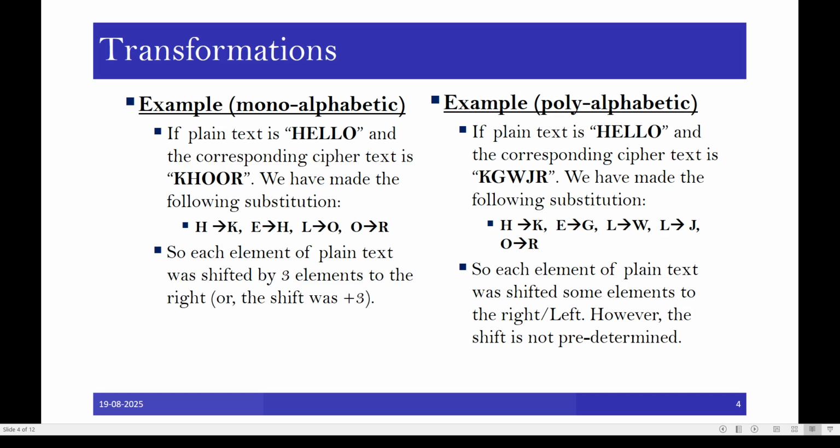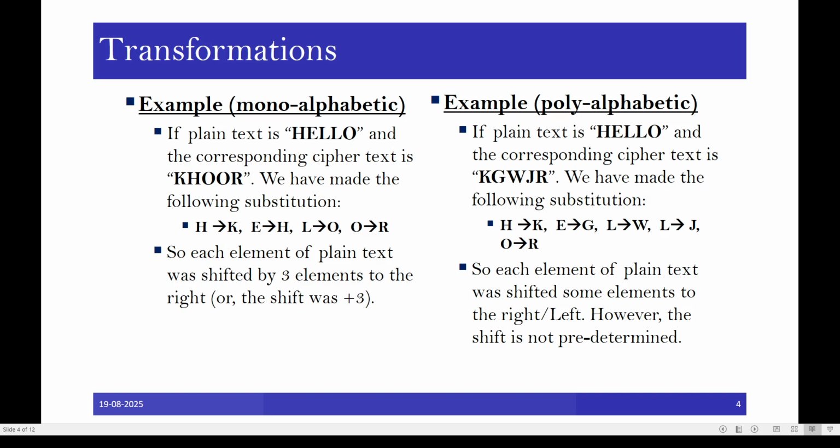Likewise, when we move from E to H, we again shift by 3 alphabets. L to O again has a shift of 3 towards the right, and O to R again has a shift of 3 towards the right.